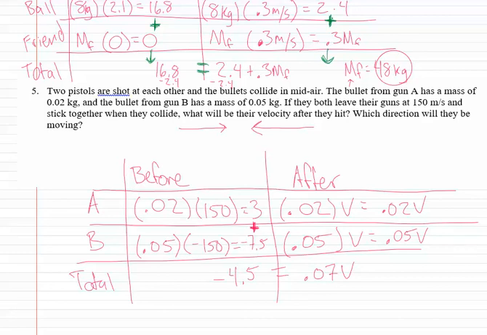And after some rounding, it looks like we're going to get 64.3. Again, don't forget your units. We're solving for velocity, so that's going to be meters, negative 64.3 meters per second.